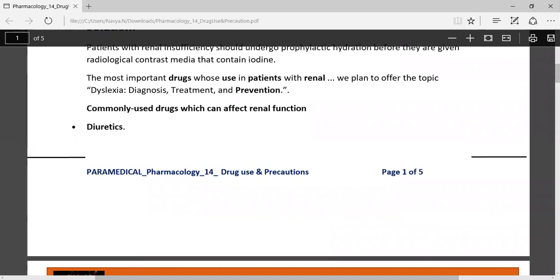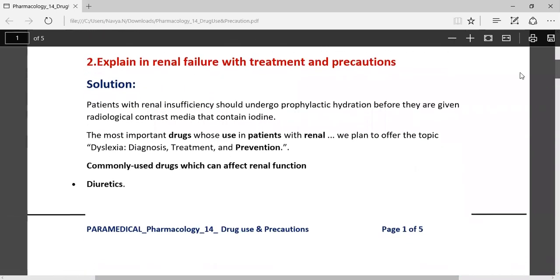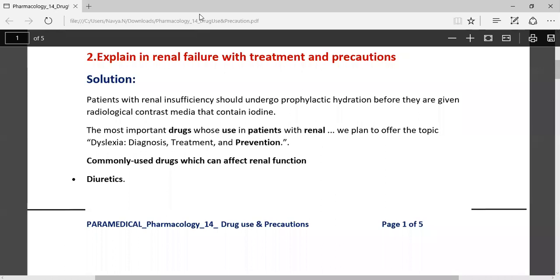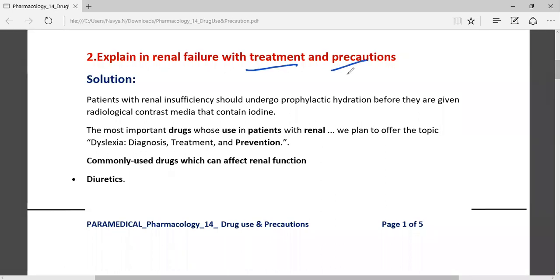And the next question is: explain the renal failure condition with the treatment and the precaution. So for renal failure, what treatment we have to give and what precautionary measures should be taken. First let us know the patients.